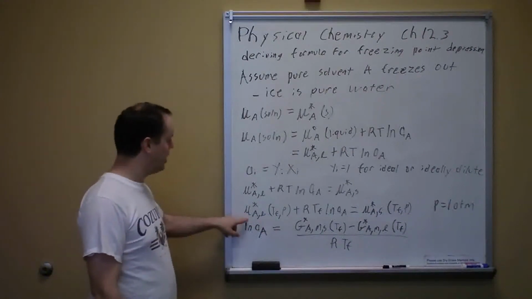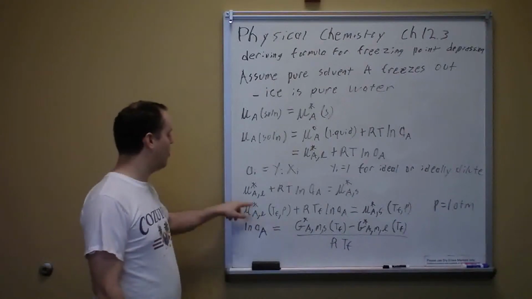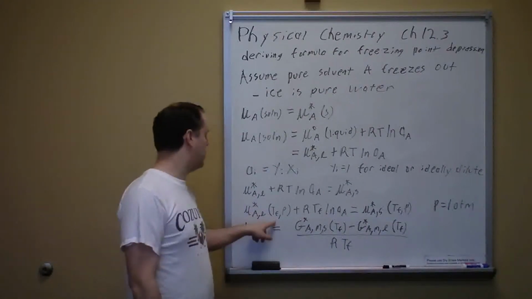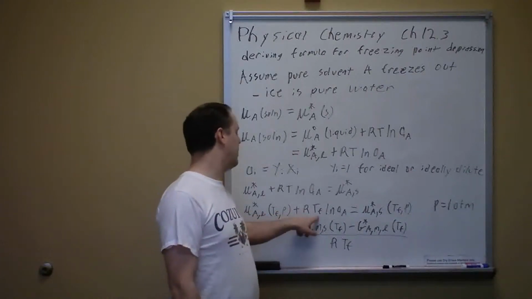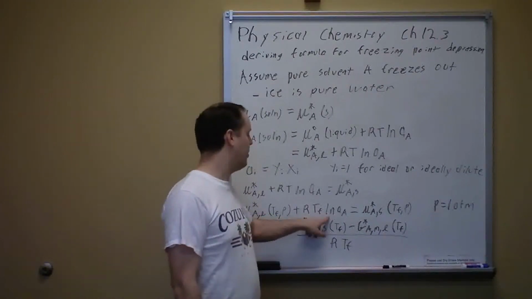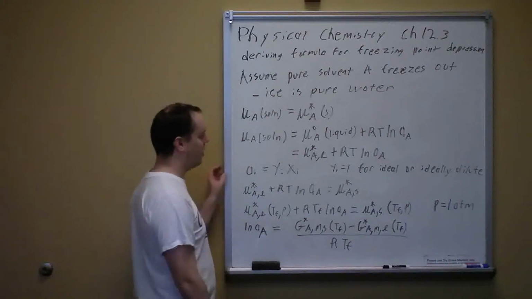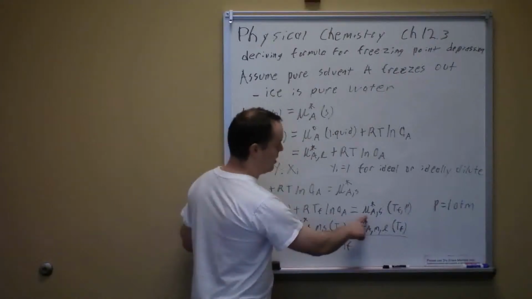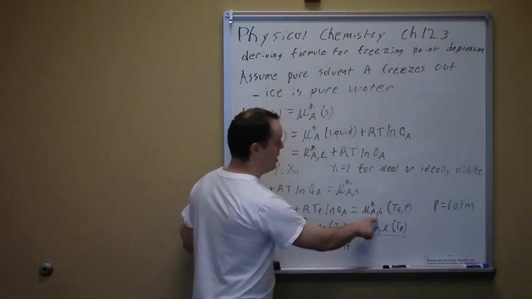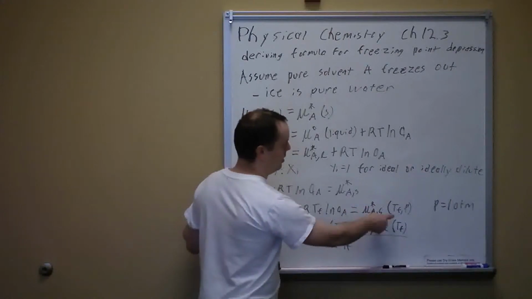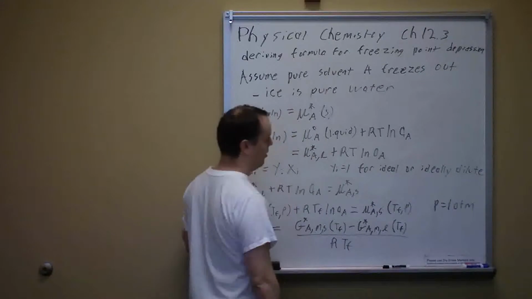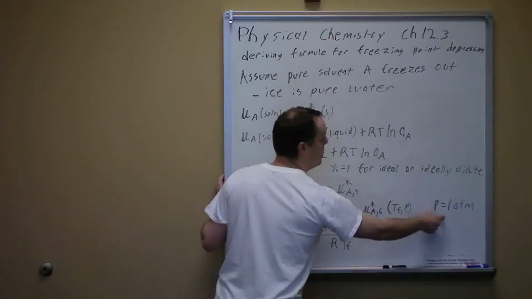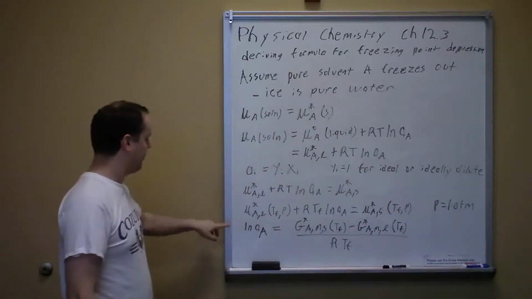So we're going to write this as a function of temperature and pressure. We have the chemical potential of substance A in the liquid form, unmixed, at the freezing point temperature in whatever pressure, plus R times the freezing point temperature times the natural log of the activity of our solvent, and that's equal to the chemical potential of A in the pure solid at the freezing point and whatever pressure. And since we're talking about standard state, P is just going to be 1 atmosphere.